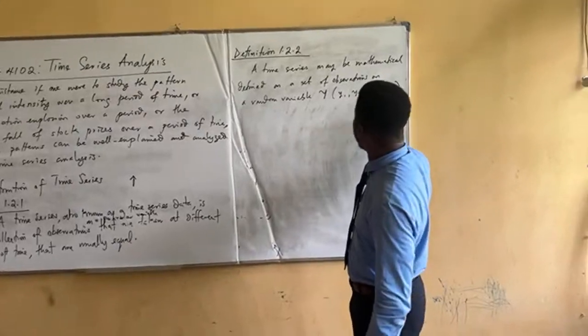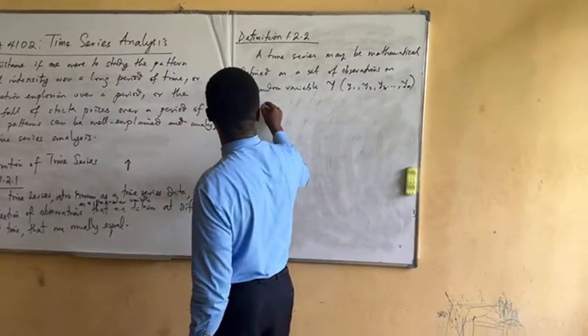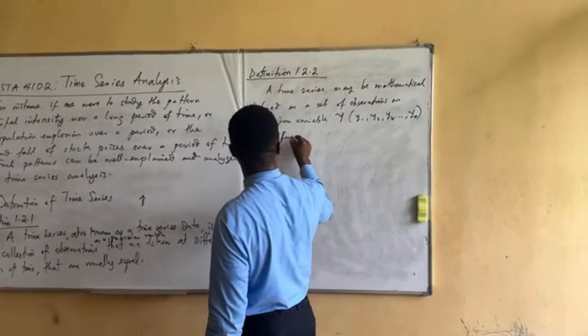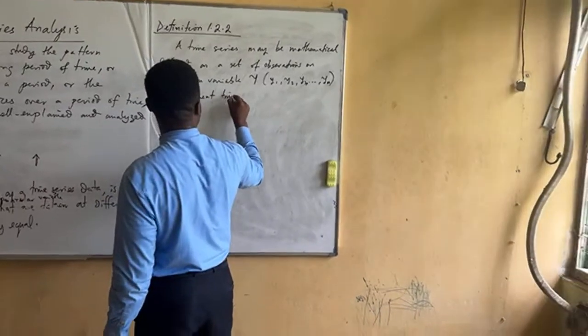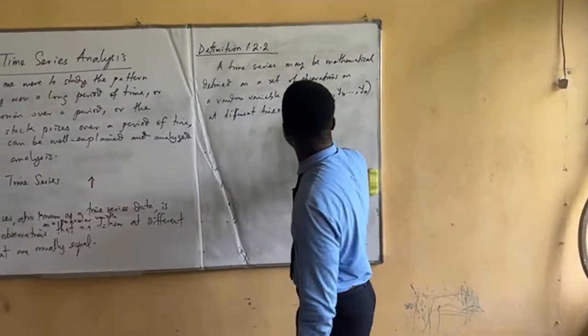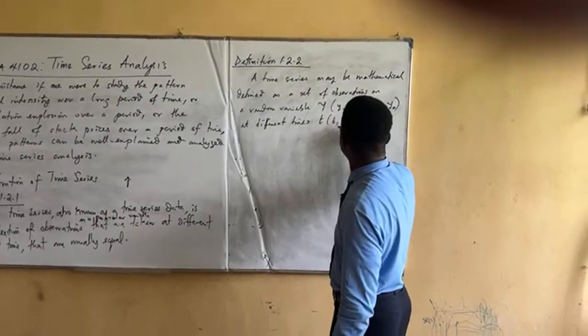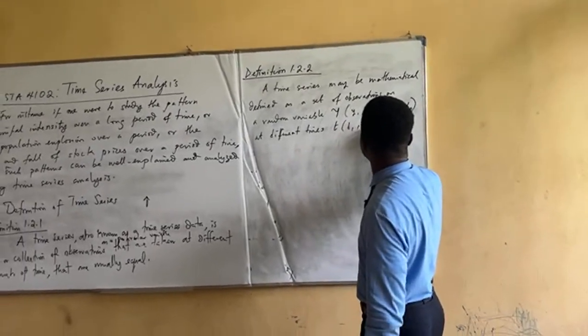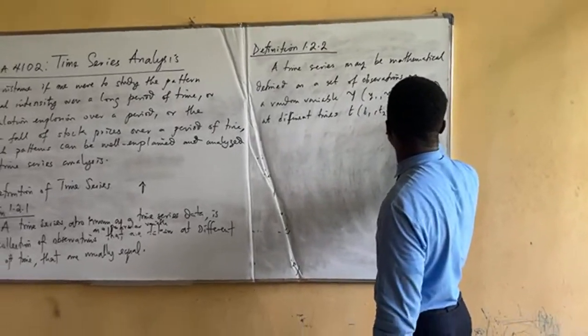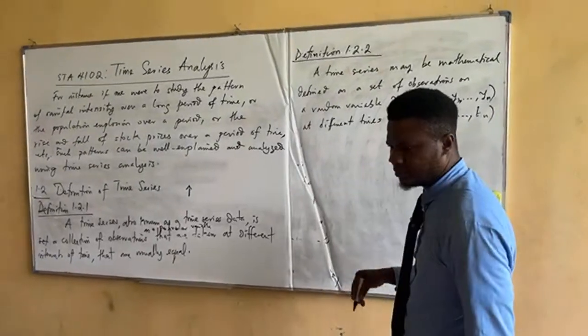On a random variable y at different times t that can assume t1, t2, t3 up to tn.